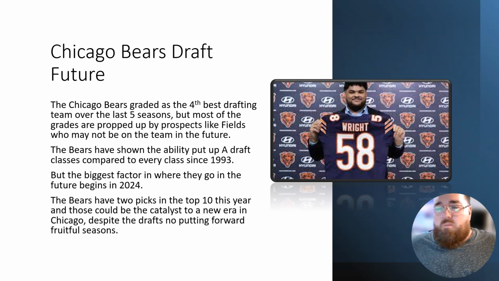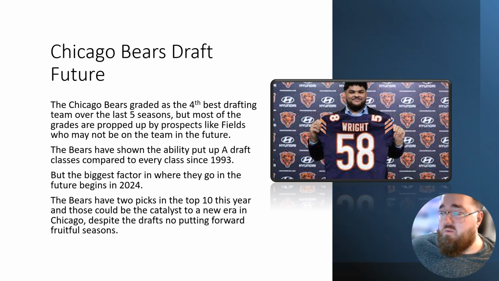Overall, though, the Chicago Bears' draft future. The Bears graded as the fourth best drafting team over the last 5 seasons, but most of the grades are propped up by prospects like Fields, who may not be on the team in the future, and he isn't on the team in the future. He's on the Pittsburgh Steelers now.